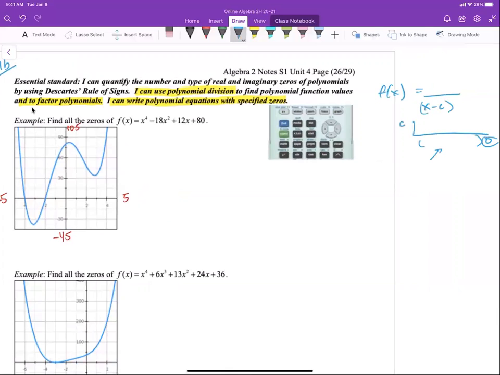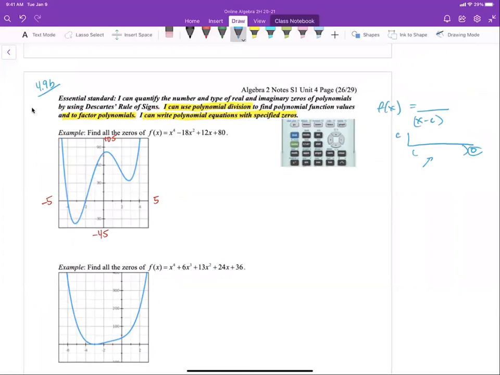Because just like what Mrs. Curry said in the past, if I have 152 and I'm trying to find its factors, I might first divide it by 2, and then I get something that is a little bit easier to manage, okay?